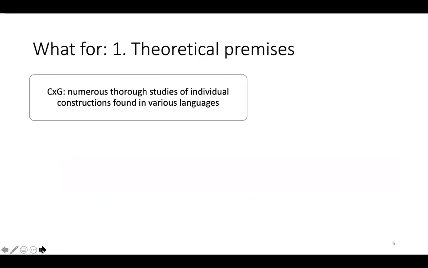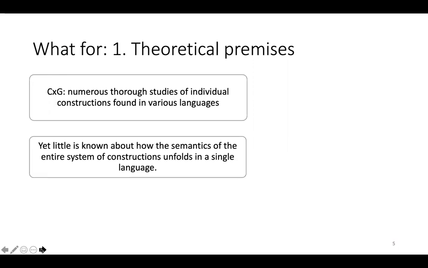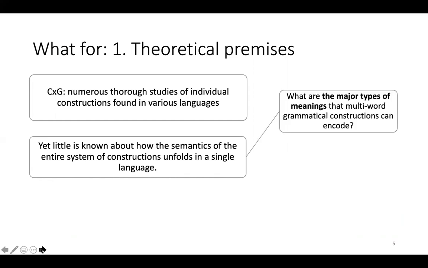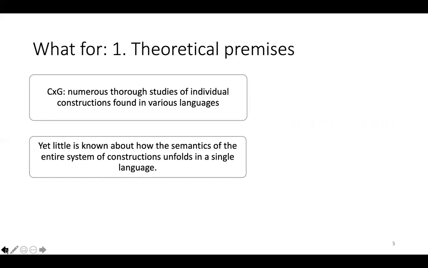In recent decades, construction grammar has generated several studies of individual constructions found in various languages. Yet little is known about how the semantics of the entire system of constructions unfolds in a single language. Advocates of construction grammar hypothesize that a language is a structured inventory of constructions, a constructicon. But how can we test this hypothesis and how can we verify it?